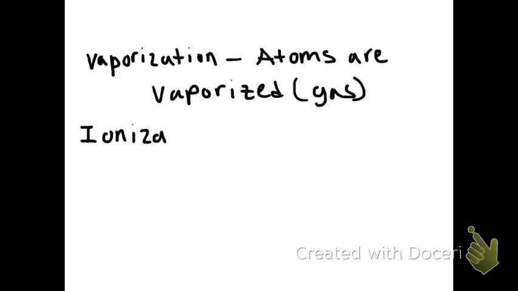ionization step. Now what's going to occur here is that the isotopes of the element, whatever we're looking at, are going to become ionized, meaning that they are going to lose electrons in their outermost shell and they're going to become positively charged.